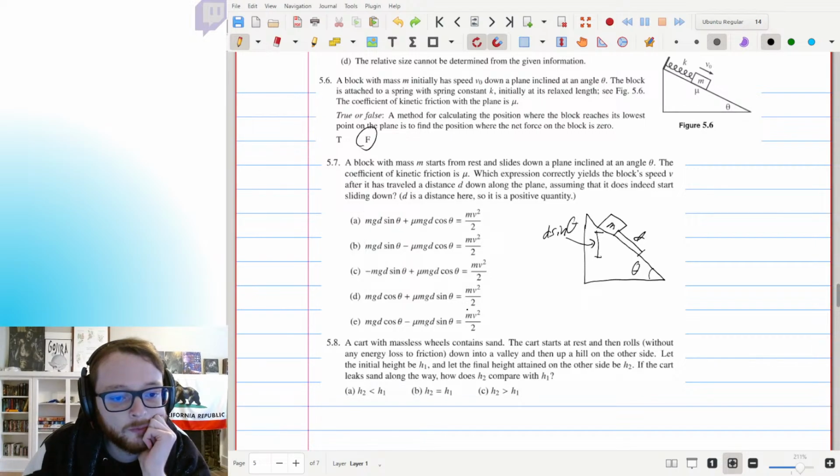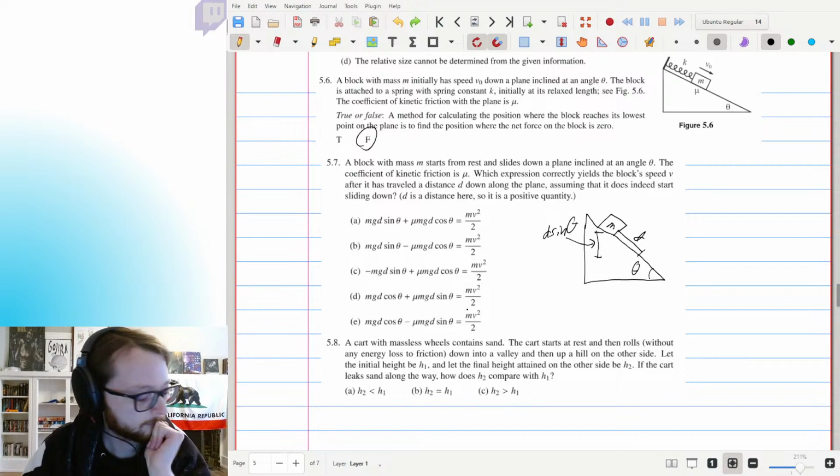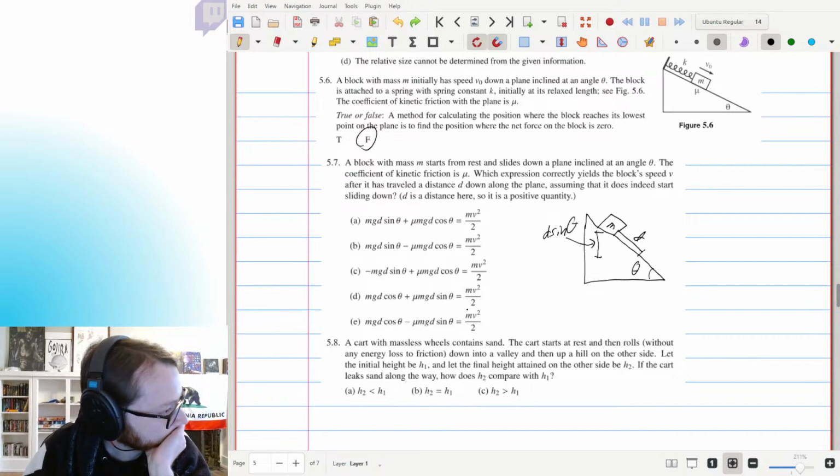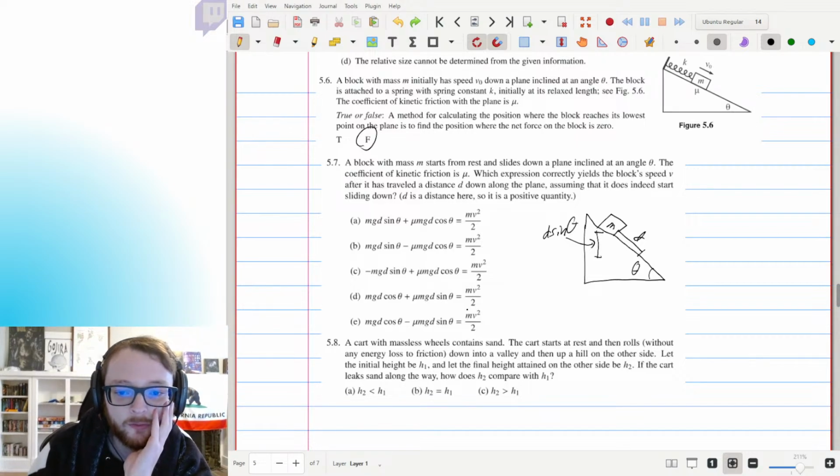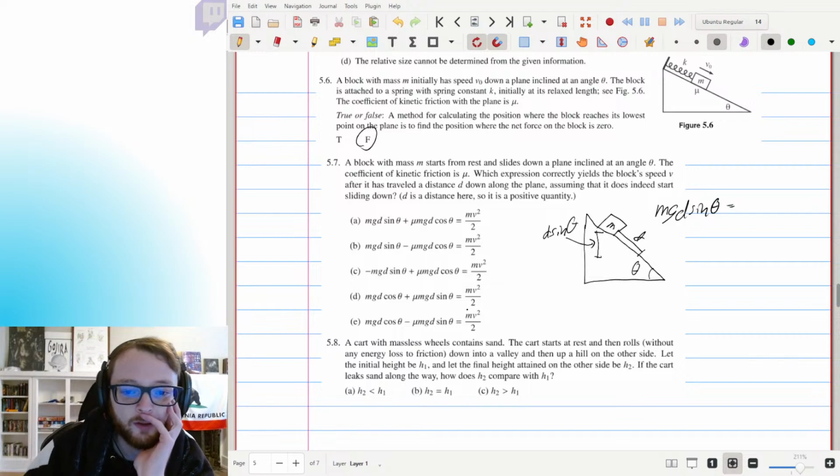Now for the work done by friction. I think how I would think about this is at the very beginning we only have gravitational potential energy, mg d sine theta, after we make d sine theta our zero point.